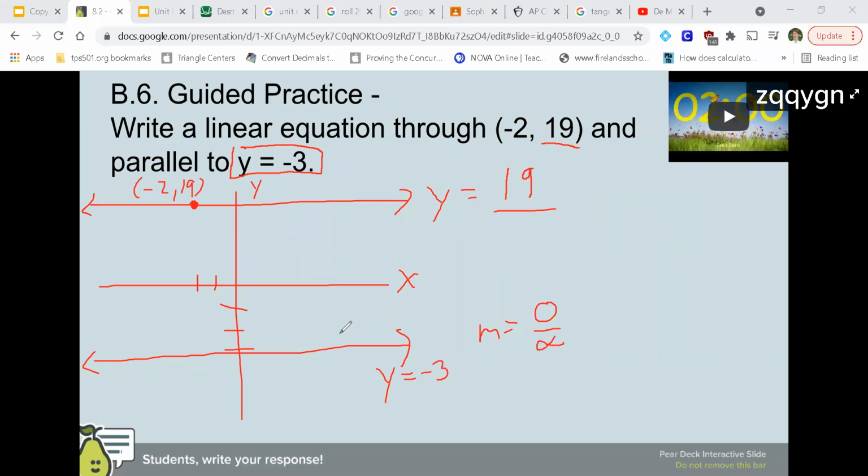And it has an infinite run going left and right, but 0 divided by anything is 0. So our line will have to have a slope of 0 as well. It will have to be horizontal in order to be parallel, which means that it has to be written in the form of y equals a number, and the number that y has to equal is 19.